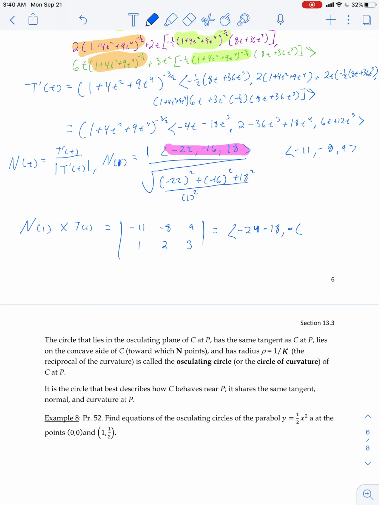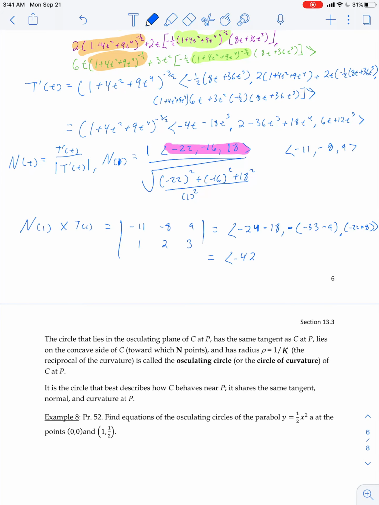Then I can do negative 11 times 3, put a negative in front, so it's going to be negative 33 minus 9. And then I have negative 11 times 2, which is negative 22, minus negative 8 times 1, so plus 8.